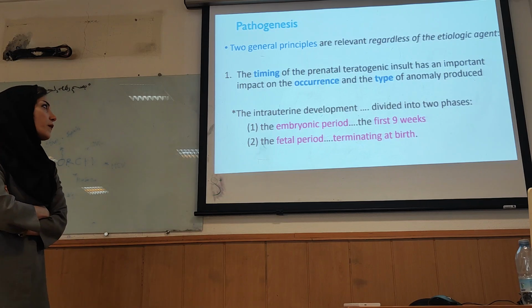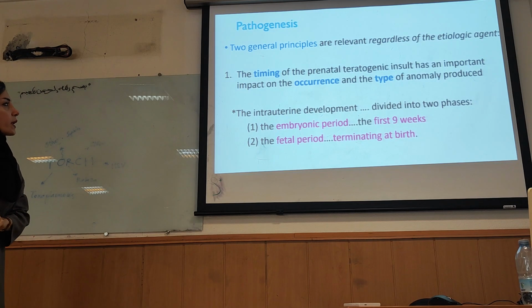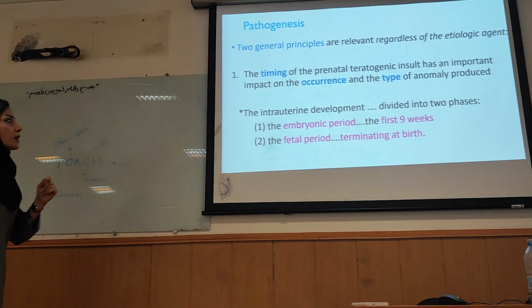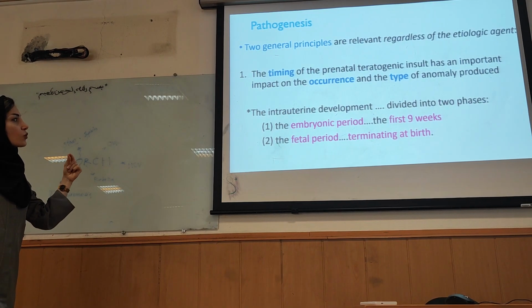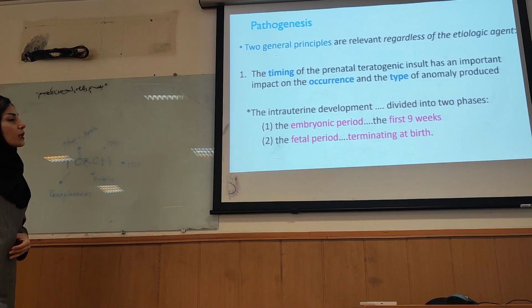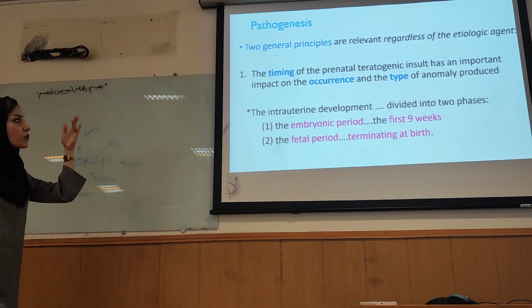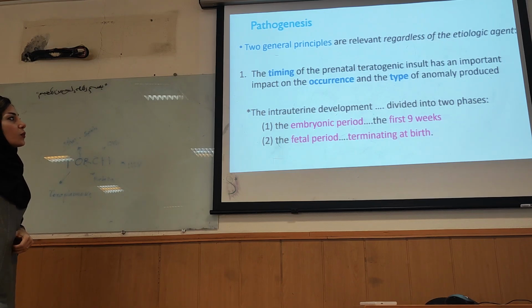The timing of the presence of teratogenic insult can lead to occurrence or non-occurrence of the effects, or the type of the anomaly can be influenced by the timing of the insult.